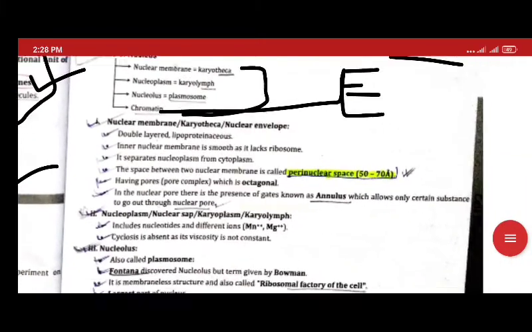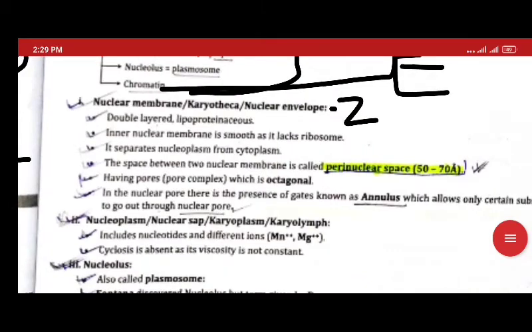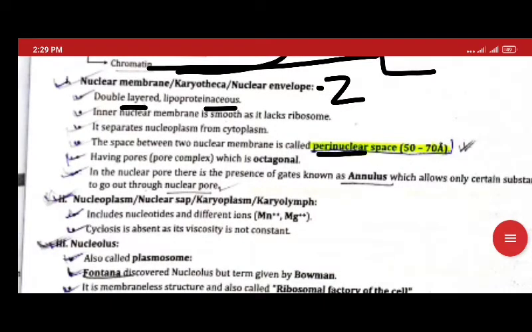The first part is the nuclear membrane. The nuclear membrane is the outer boundary, and it is two layered, because the nucleus is double-membraned. This double layer contains lipoproteins. There is also a space called the perinuclear space.